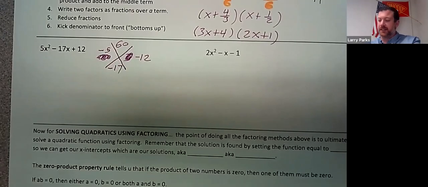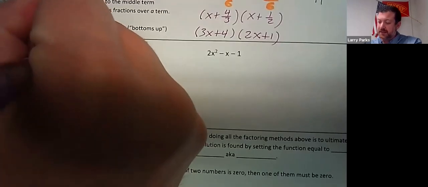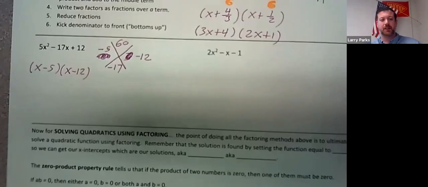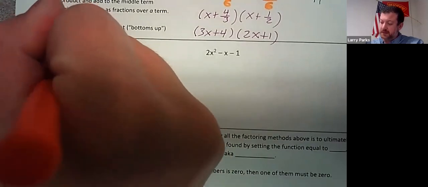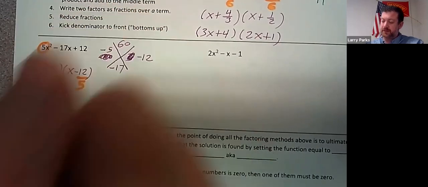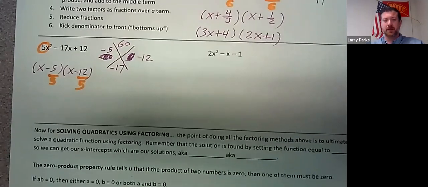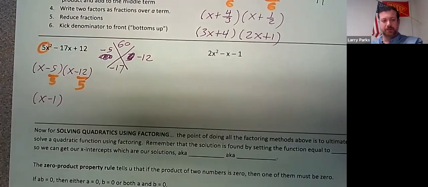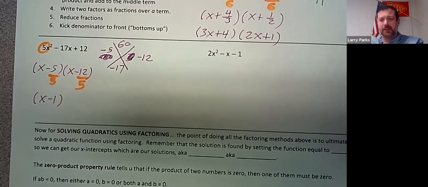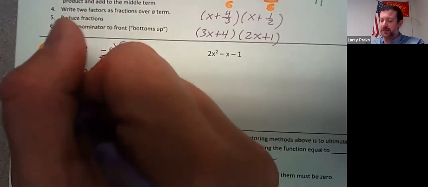So then I would have x minus 5, x minus 12, and then I divide them both by 5. Five divided by 5 is 1. 12 divided by 5 doesn't reduce, so I kick the 5 to the front.